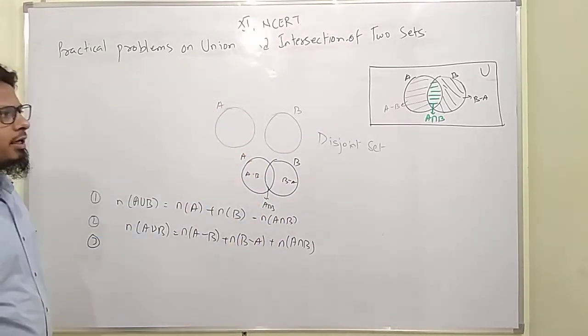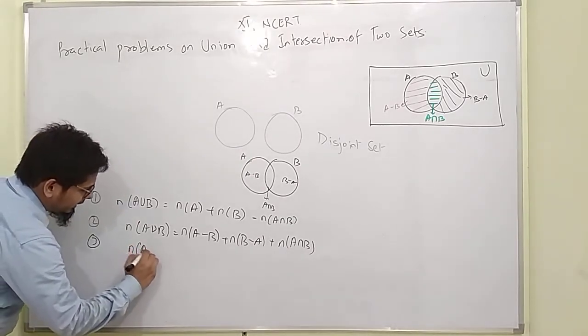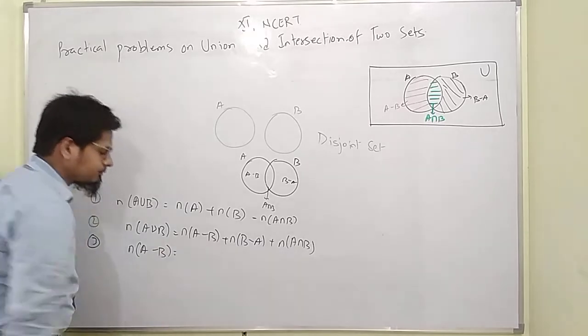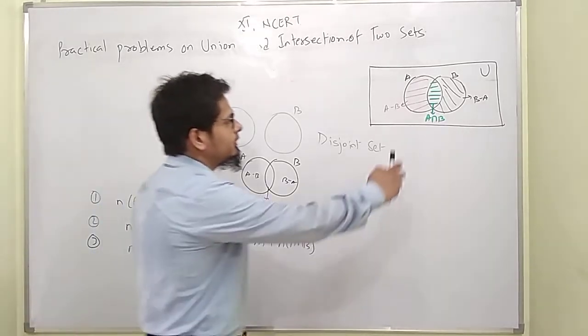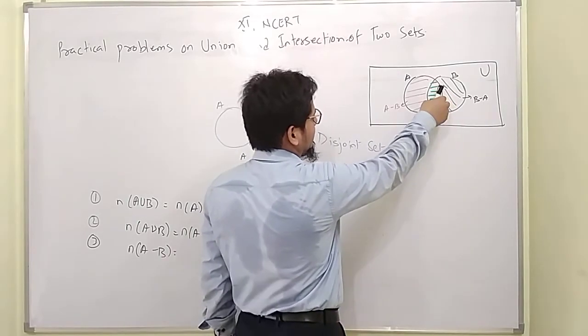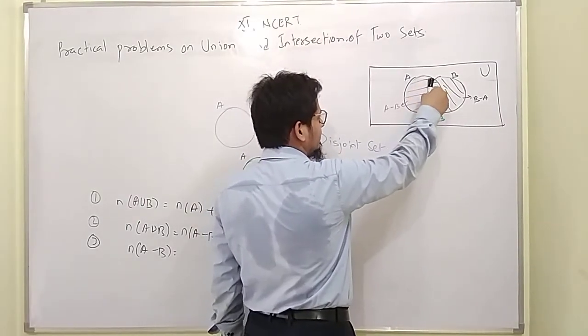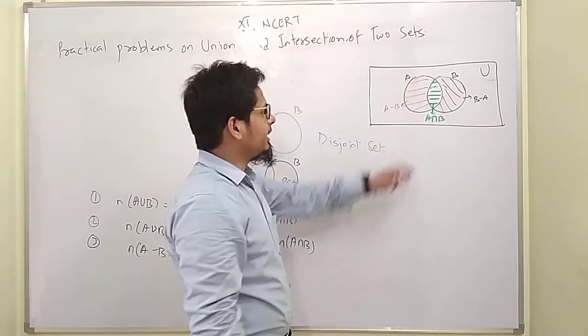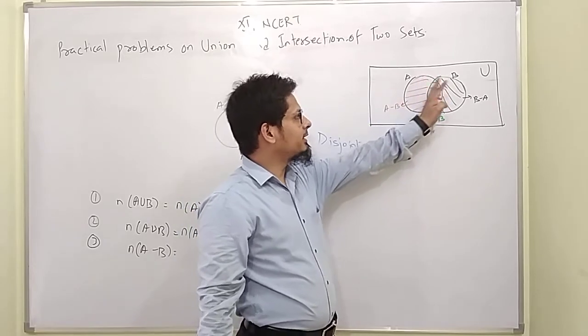So you see that figure, class. If I find the result of n(A minus B), in two ways we can write this formula. The first way is n(A), and from n(A), if you subtract this green part, the set A is red and green, and if you subtract the green part, then you will get only the red part.